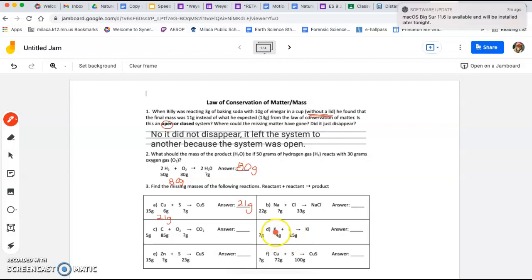So I have potassium, and then I have iodine. Okay? K is potassium, I is iodine. All right. So I don't know how many grams of potassium I have, but I do know I have 4 grams of iodide, and the ending potassium iodide, the product, is 15 grams.